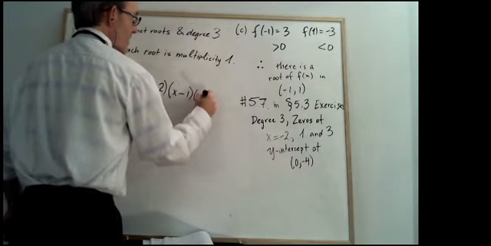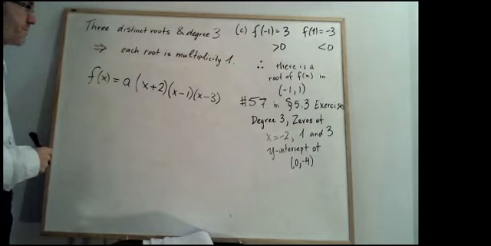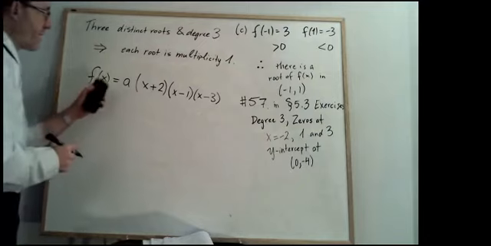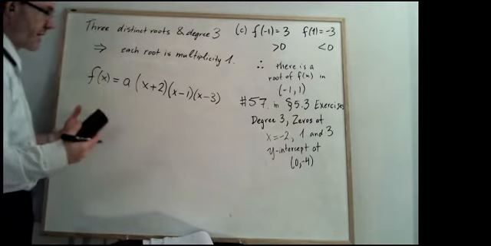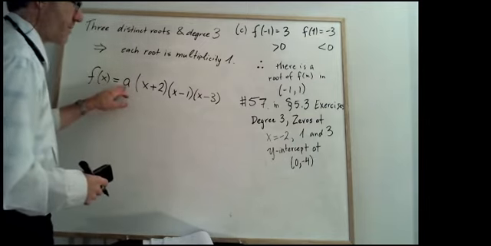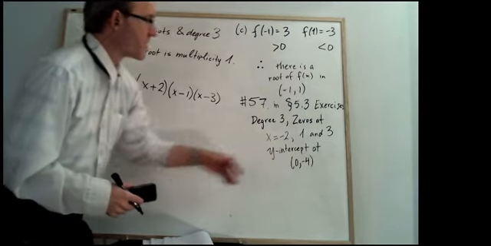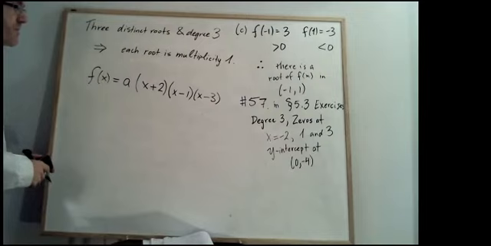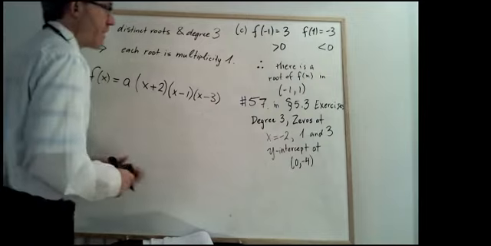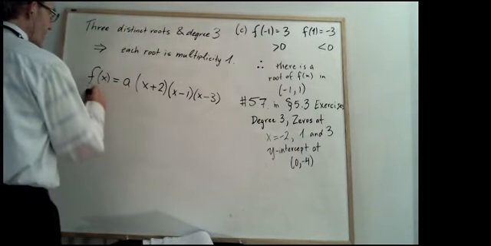And x minus 3, that's going to give me the root at 3 when I plug in x equals 3. Okay, so I have the entire form of the expression already, except for a. And there's only one piece of information left, namely the y-intercept is at 0, minus 4. And that last bit of information will help me determine a.